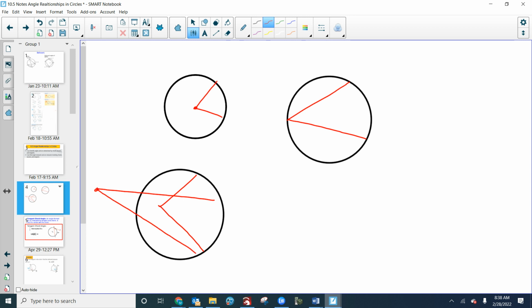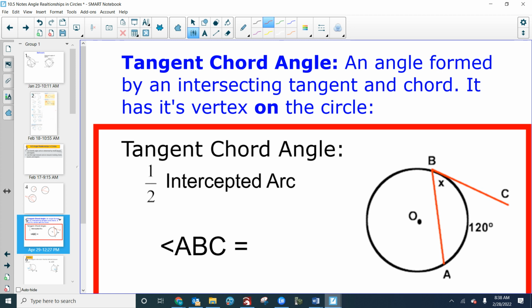When I say outside or inside, I'm talking about the vertex of the angle. Where is it? At the center, on the circle, inside, or outside? Those are the types of angles we're going to be dealing with in this chapter.